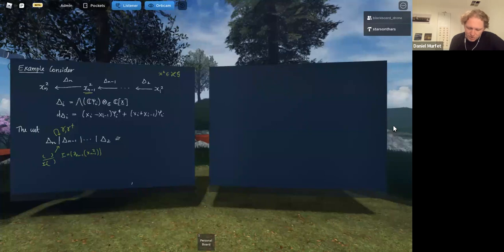So that's just going to, this operation of modding out by I will just send x_{n-1} to 0. So you can easily compute that this just has the final variables left in it, and it has the exterior algebra in all these psi's that are the underlying modules of the diagonal, these deltas.